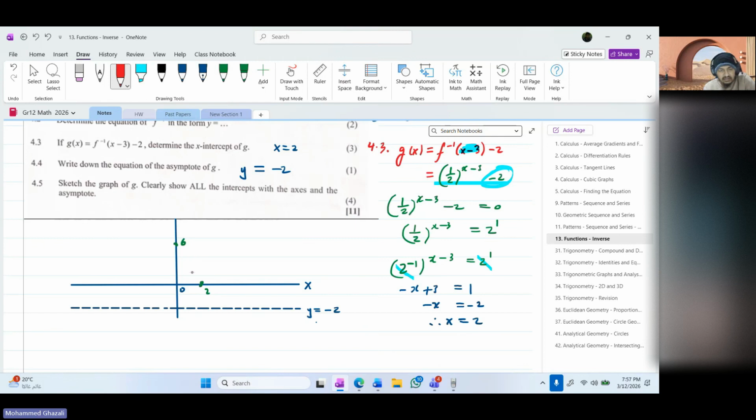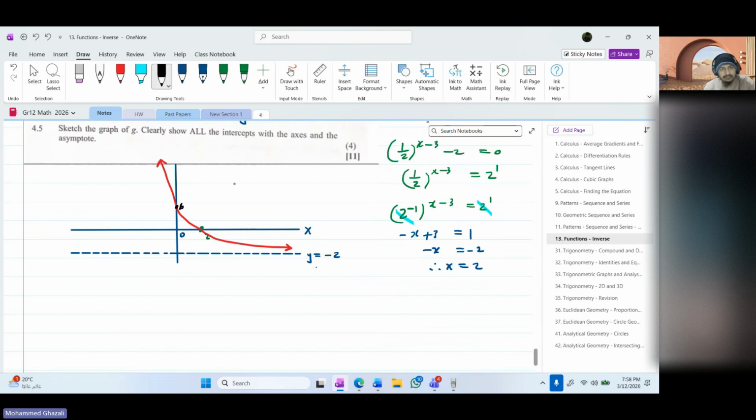Right? And now I can draw my exponential function like that. And I can put 6 here at the y-intercept. So this is your exponential function. It has to be decreasing because the base is half.